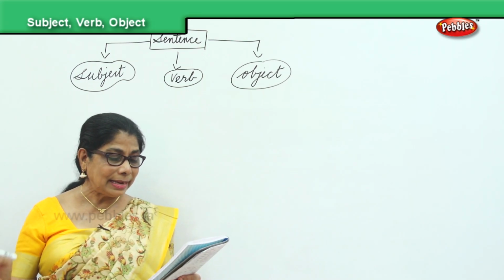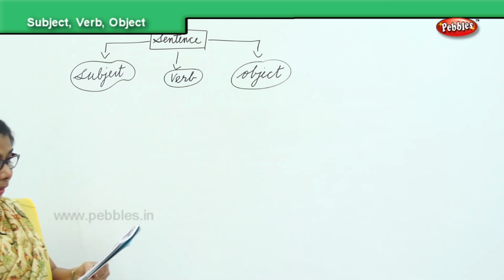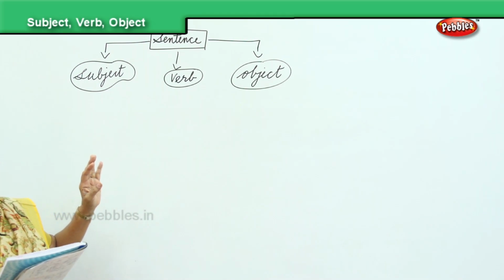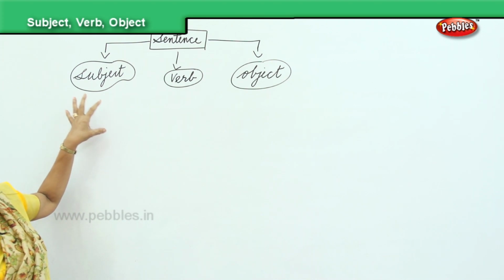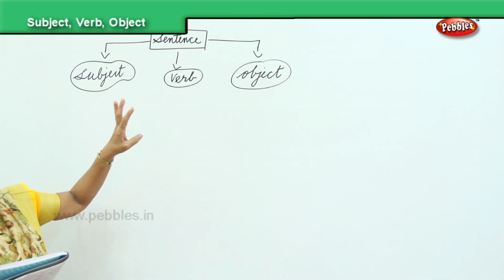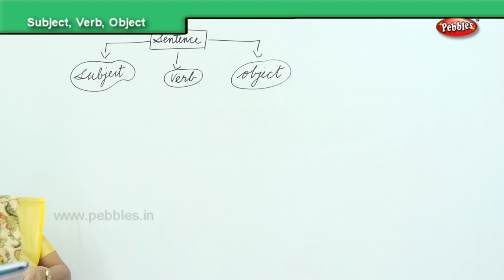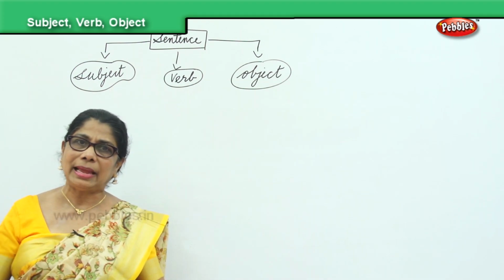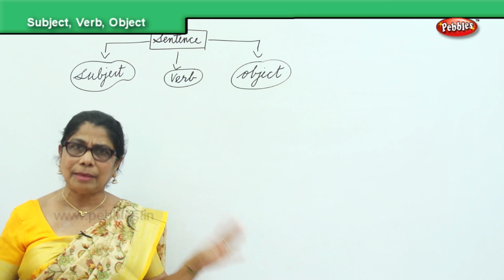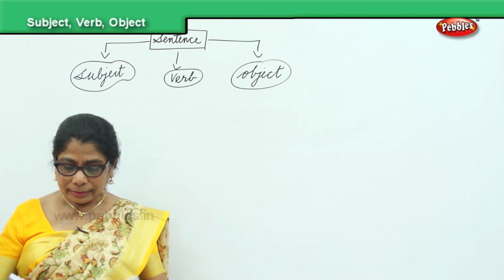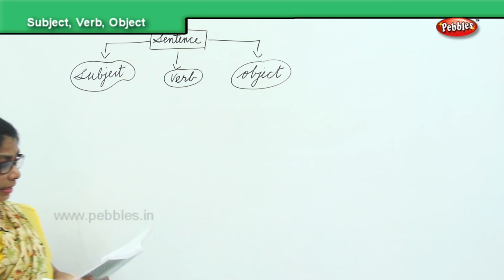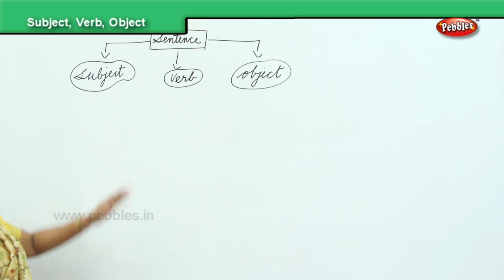Now, a sentence has a word that does the action. It's called the subject. What does the subject do? It's doing some action. It generally comes in the beginning of the sentence.